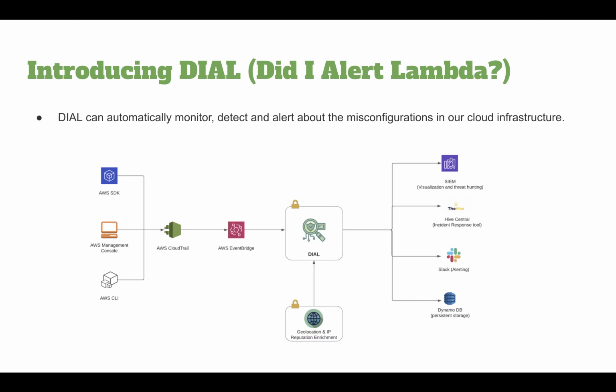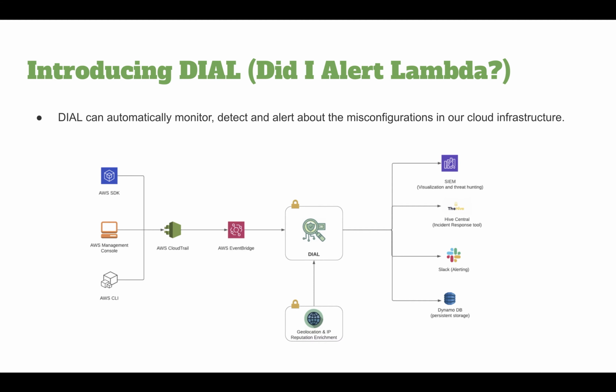And what we have done here is use EventBridge to forward all such JSON events to Dial, which is basically a bunch of code written in a Lambda. Dial does all the post-processing of that JSON event and figures out whether it is a malicious incident or not, whether we want to alert on this particular incident or not. It does some enrichment, the location enrichment, the threat IP enrichment, and then forwards the alert to Slack, to email, or to a SIEM solution for visualization and threat hunting over a period of time.